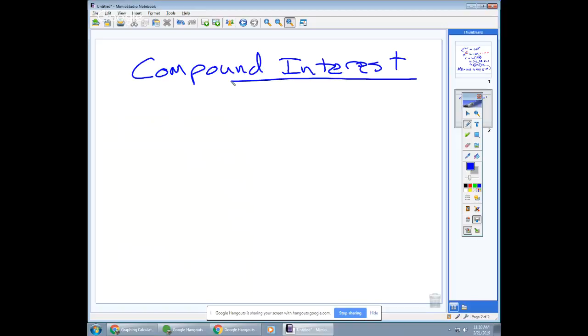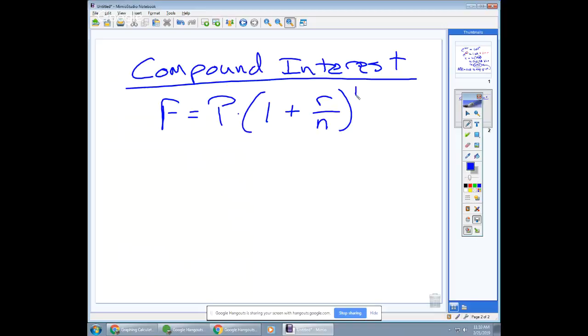It usually comes up in an application of pre-calculus or college algebra. And the formula for the future value of some present amount is the present value times parentheses 1 plus r, where r is my APR, divided by n, the number of times I collect interest each year, raised to the power nt. And I'll define all of these.